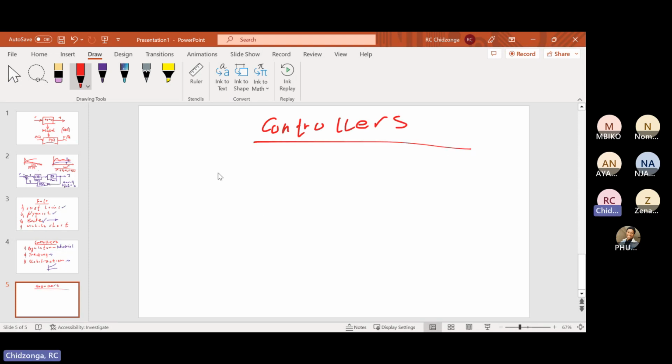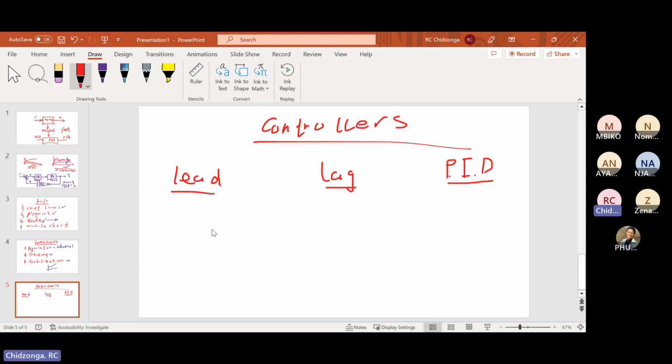We spoke about the lead controller, we spoke about the lag controller, and we mentioned the PID controller. So the lead, the lag, and the PID, these were dealt with fully.